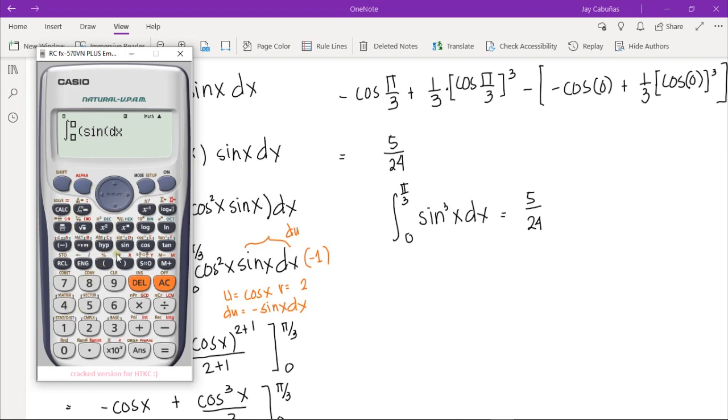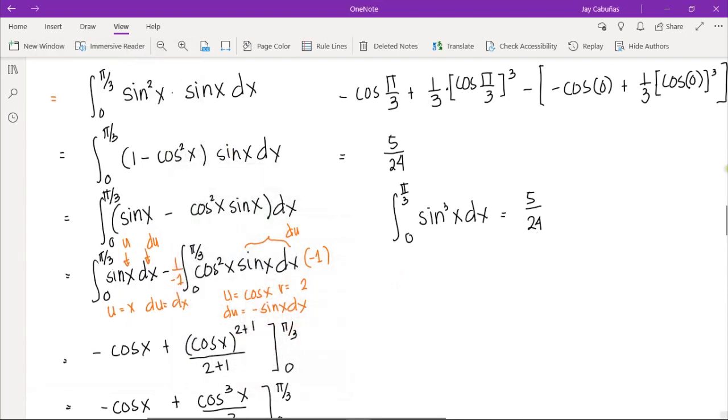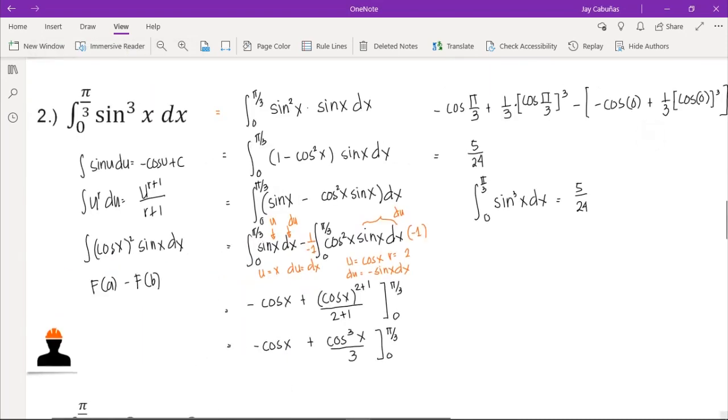Sine x, then raised to the third power. Then our limit is from 0 to pi over 3. And we have 5 over 24 as our answer. So we have a correct answer. You can actually check your answer if it's correct or not by just using your Casio calculator.